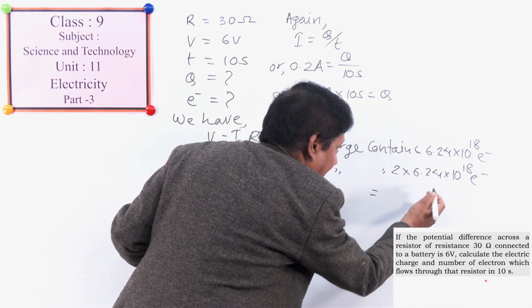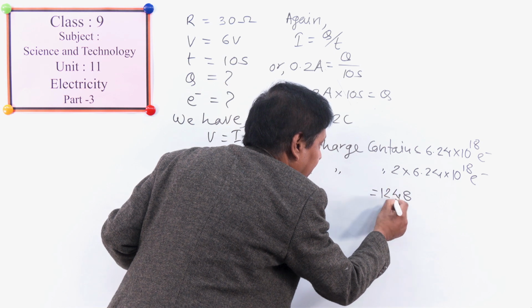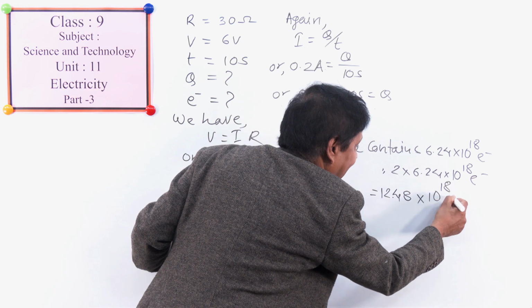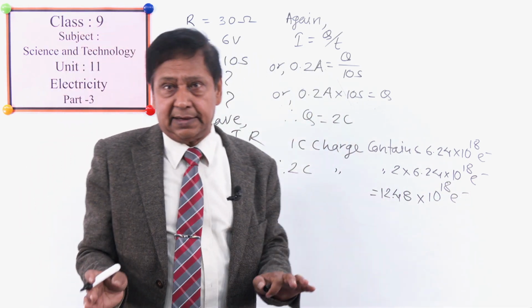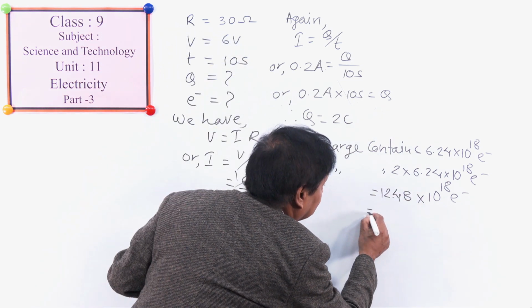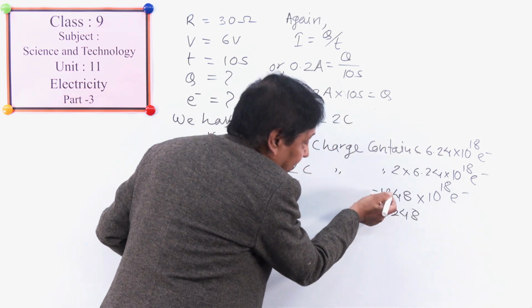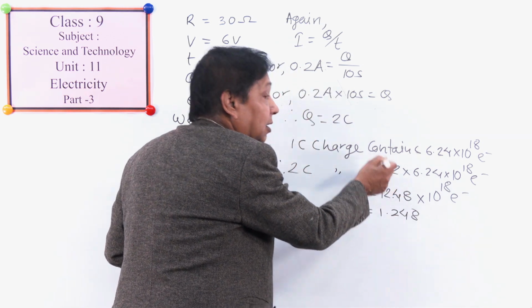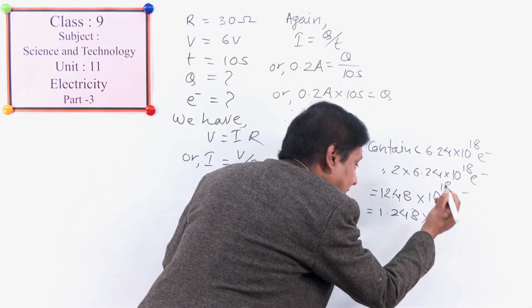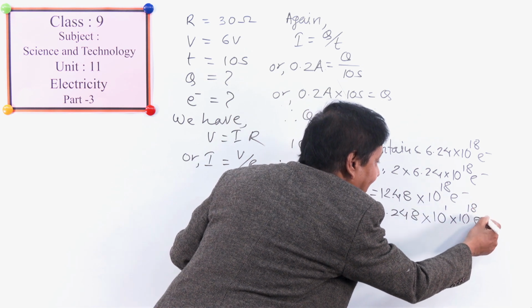And if we multiply, 4 twos are 8, 2 twos are 4, 6 twos are 12, and the point comes here, into 10 to the power 18 electrons. But we know that we have to put this point after one digit. That's why I'm taking this point after one digit. It means 1.248. If the point is shifted one digit to the left, then we have to multiply this with 10, or 10 to the power 1, into 10 to the power 18 electrons.